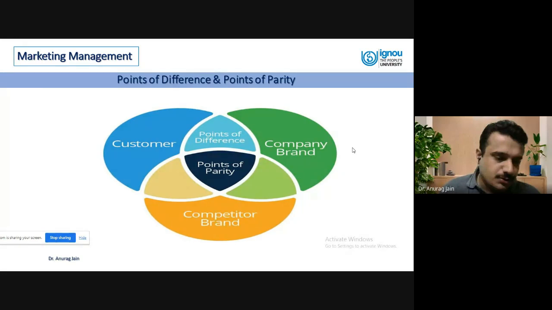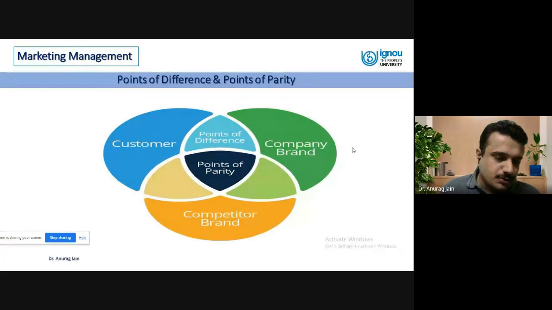So what are those similar things in your product which make it similar to your competitor products? And we always do it in terms of category, right? We can never compare apples with oranges or oranges with bananas, right? Apple is one type of fruit, banana is another, and oranges are a different type of fruit. So whenever we talk about points of difference and points of parity, we compare apple with apple, oranges with oranges.